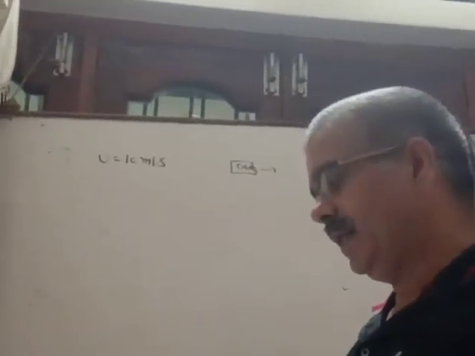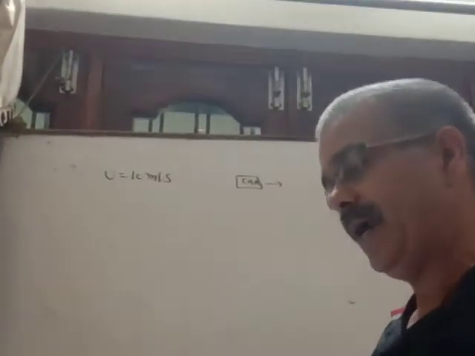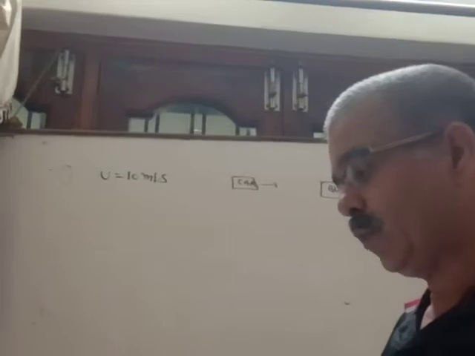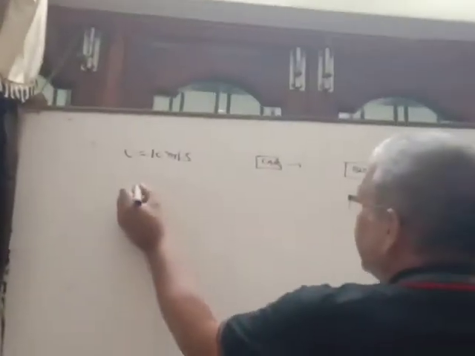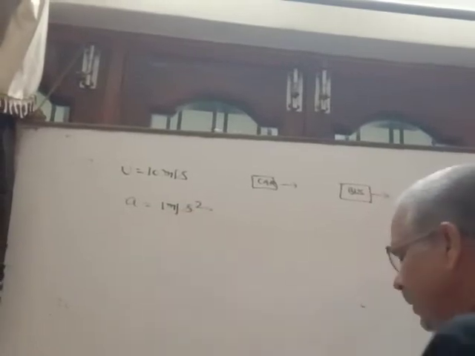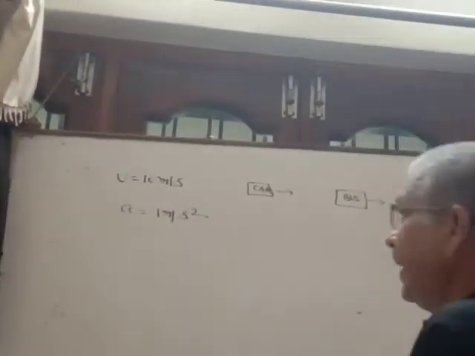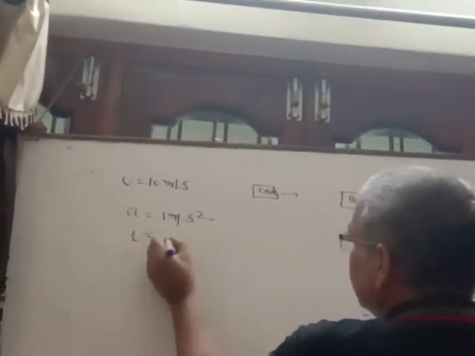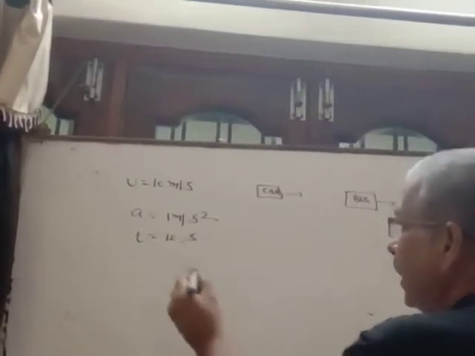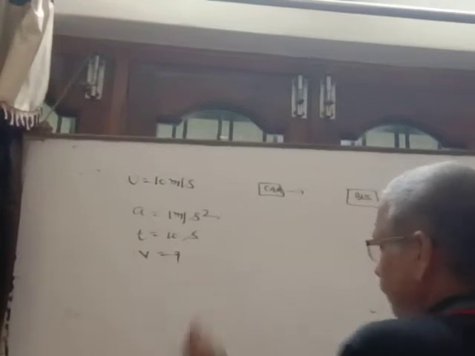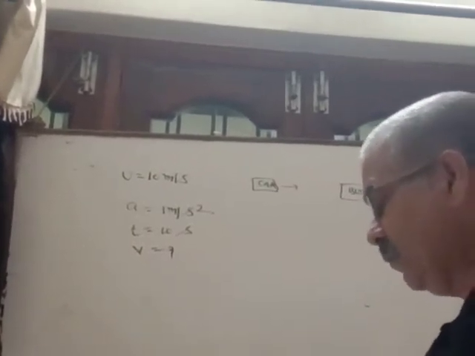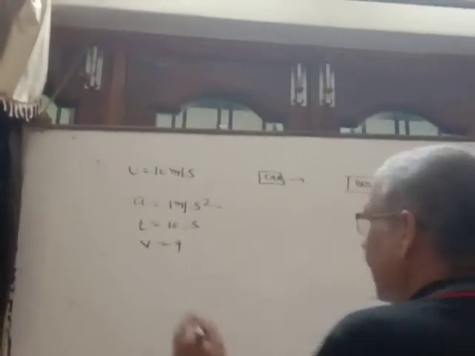The driver accelerates at 1 meter per second square for 10 seconds. Find the velocity of the car at the end of 10 seconds and also find the distance traveled by the car while accelerating.